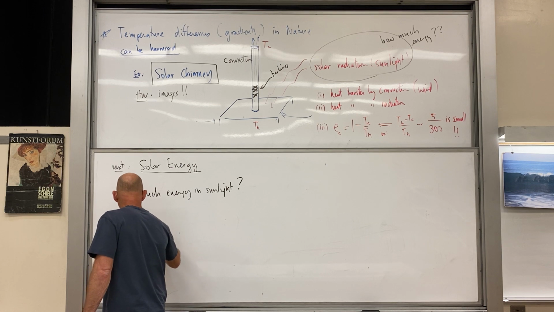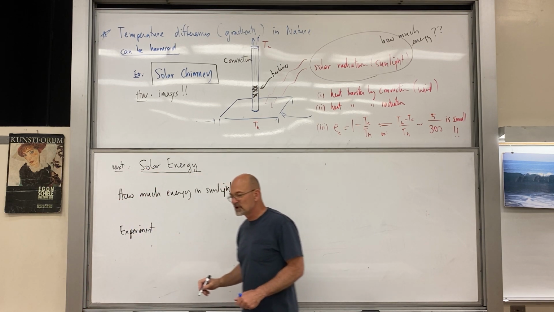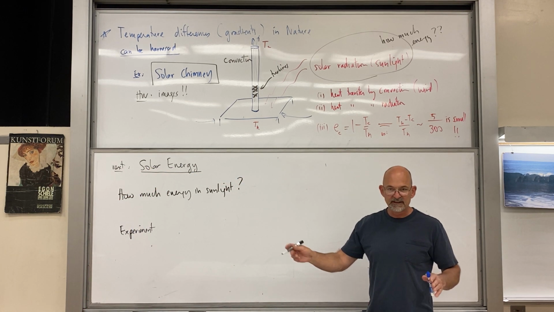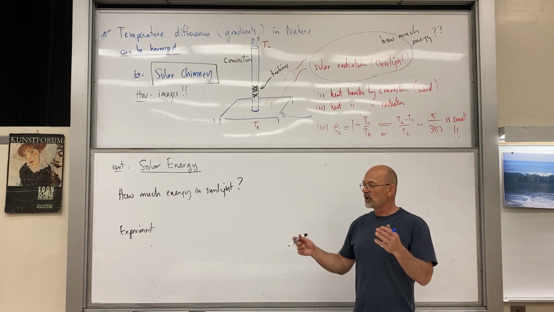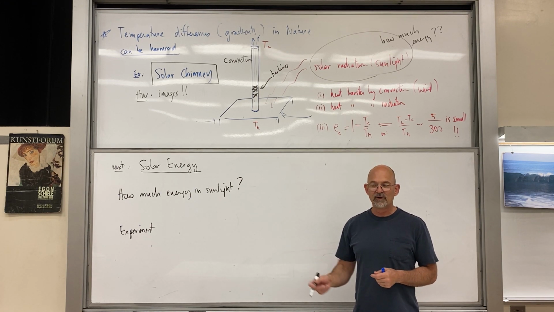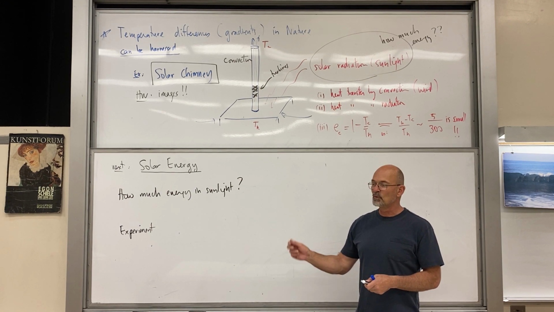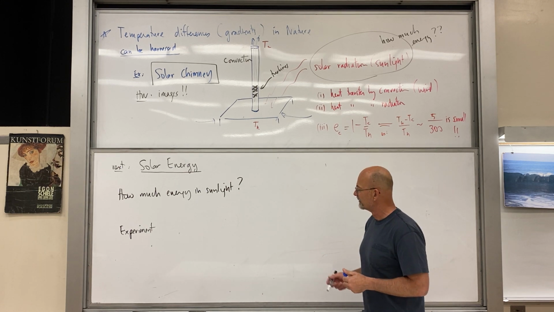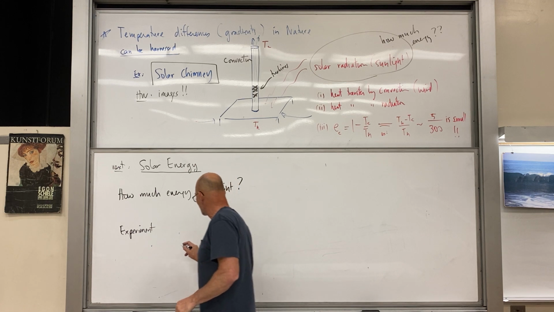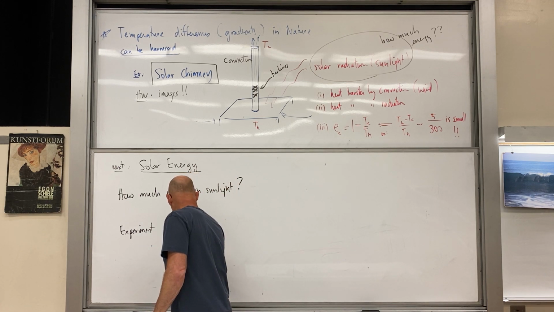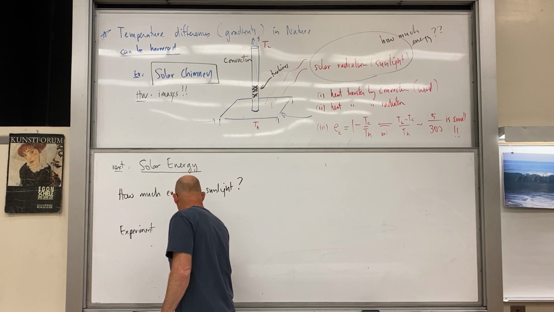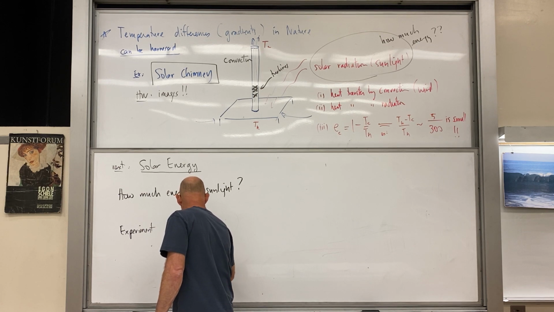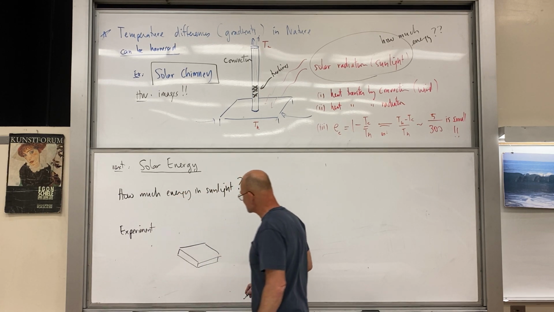And this is really just a controlled version of leaving a hose out in the sun in the summer. So you leave a hose with water in it out in the sunlight, and you turn the water on and really hot water comes out. Okay, that's our experience. So the experiment is going to be a version of that. We have to construct some kind of a box that faces the sun.